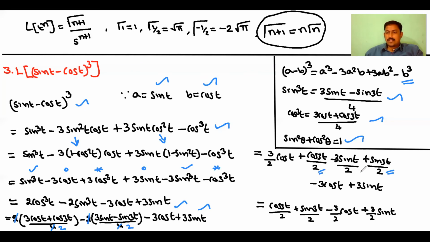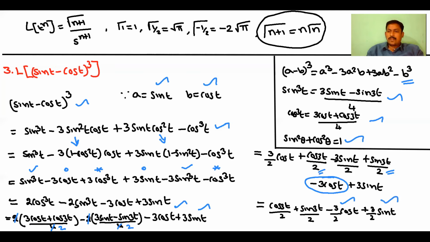Remaining cos t and sin t can be simplified as 3 by 2 cos t minus 3 cos t, which can be written as minus 3 by 2 cos t. Similarly, we can simplify sin t: minus 3 sin t by 2 plus 3 sin t can be written as 3 by 2 sin t.